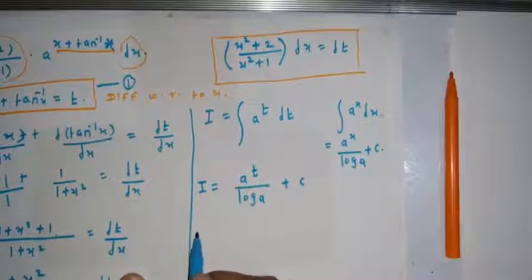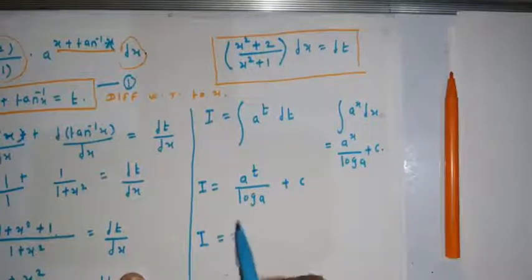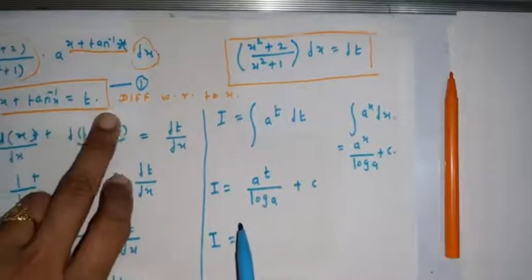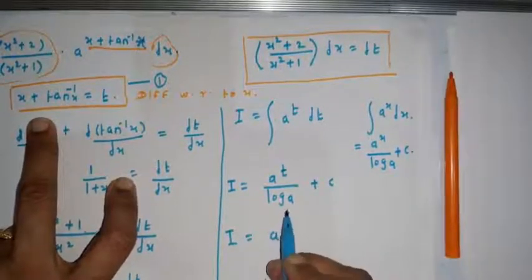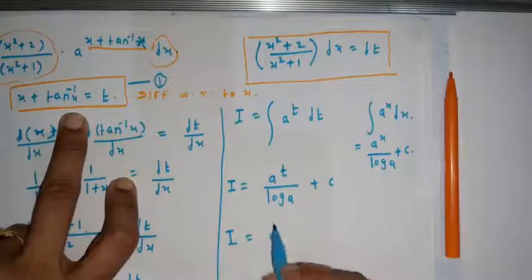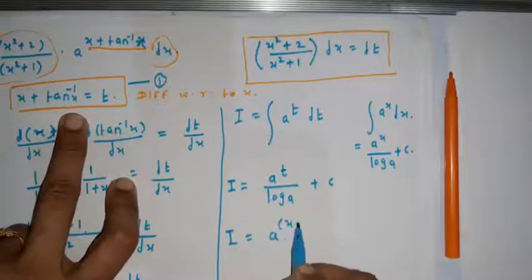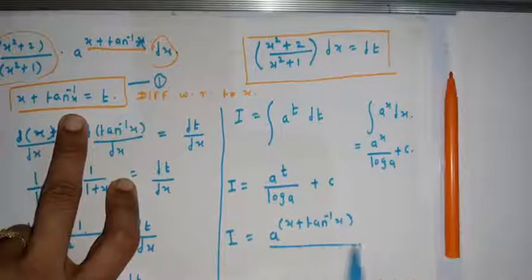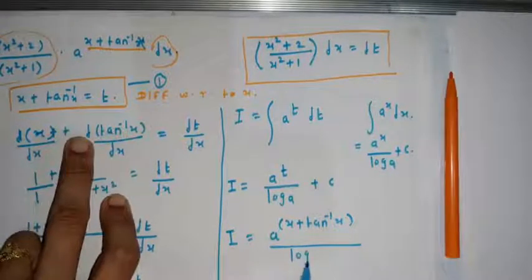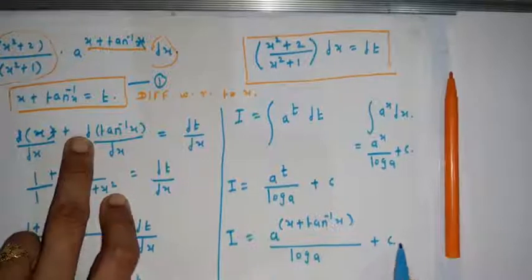Resubstitute the value of t, and hence our final answer is, what is the substitution for t? The substitution for t is x plus tan inverse of x, hence a raised to x plus tan inverse of x upon log of a plus constant of integration c.